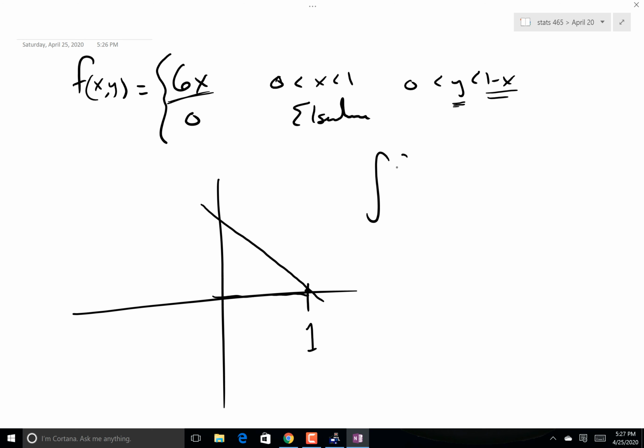So first of all, let's double check that this is in fact a PDF.